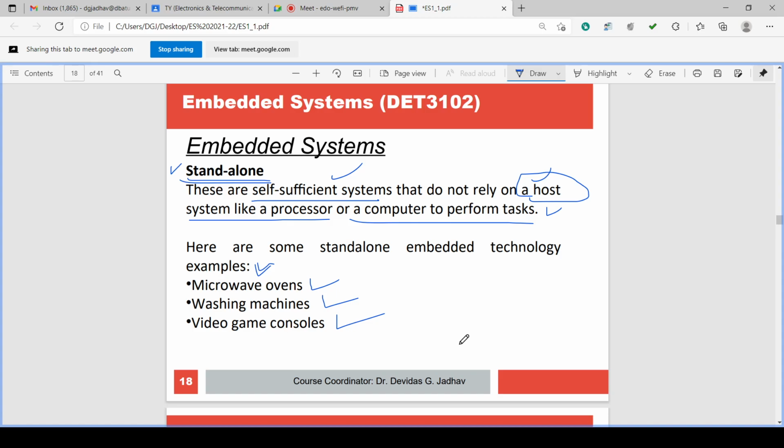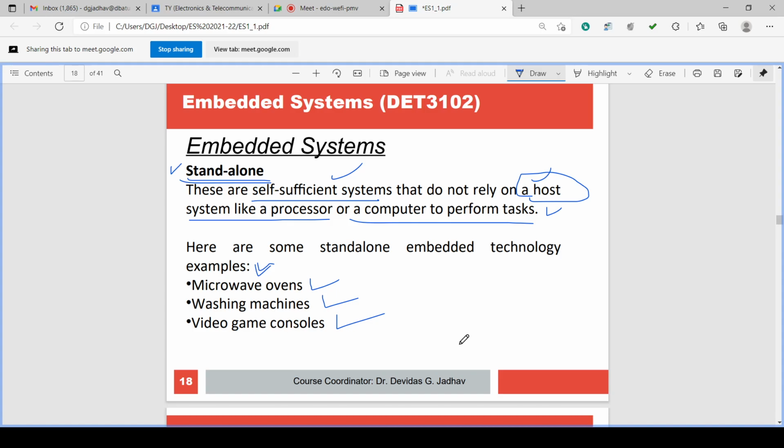There will be a display showing which tasks are completed and which are remaining. Only this much is required. No master processor is required. The local embedded system will do all the tasks. So the washing machine is standalone, separately operating. It will not require any other connectivity.